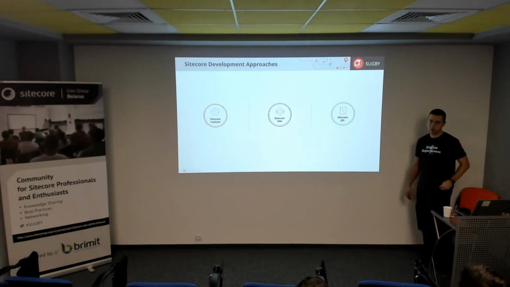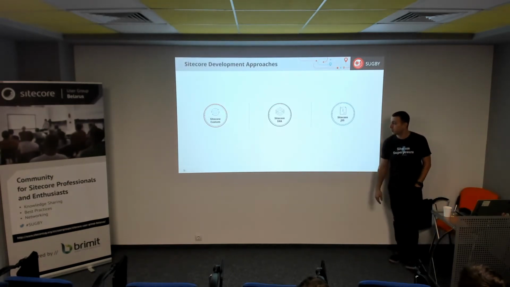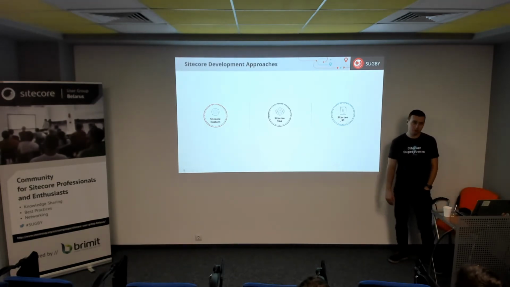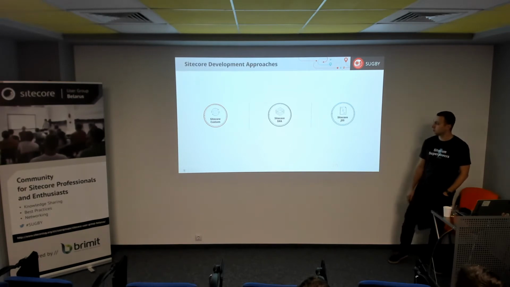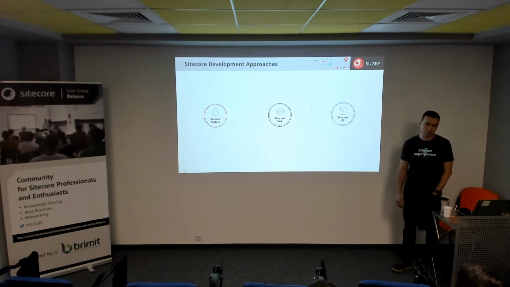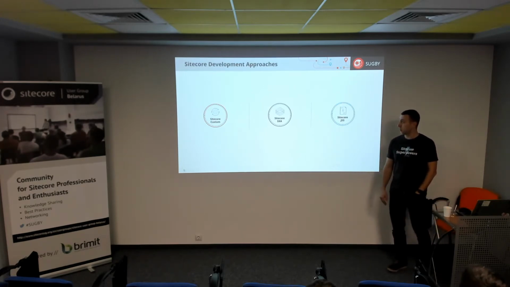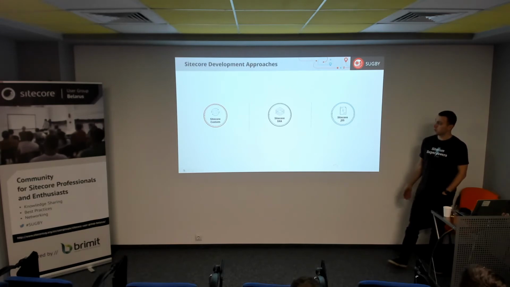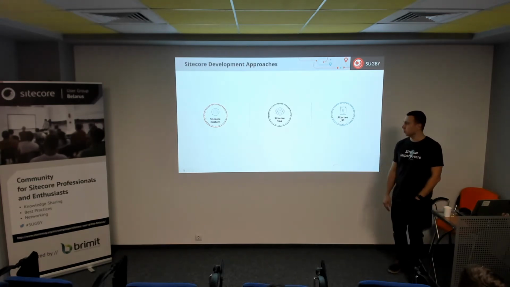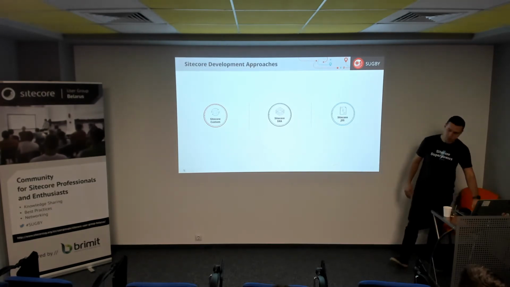Let's say we installed our Sitecore and we have probably three choices for how to build our solution using some out-of-the-box stuff provided by Sitecore. I will not go into details about which approach to choose, I just want to mention what's new for each of them in Sitecore 9.3.